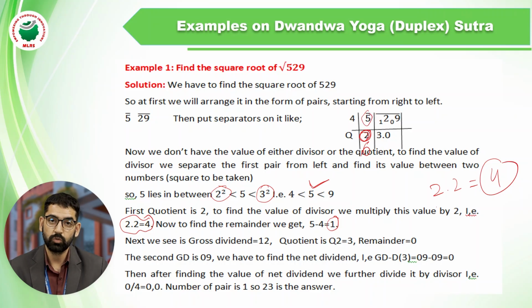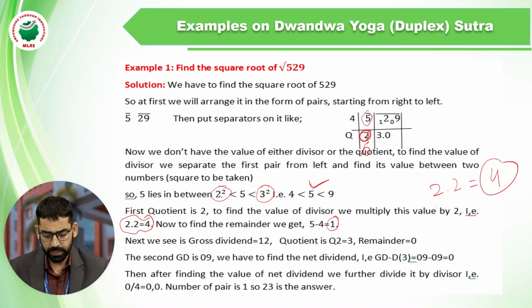It is always to be taken between the square of a number less than it and the square of a number greater than it. Here the number whose square we take is 2. So 2 square is 4, which is less than 5, and the next number is 3, whose square is 9. So 5 lies in between the square of 2 and the square of 3. So 2 is the first quotient here.